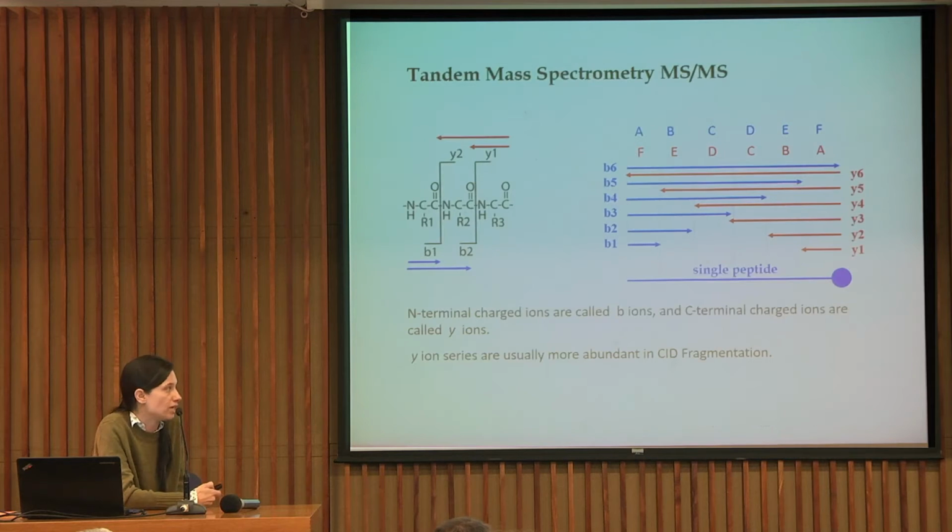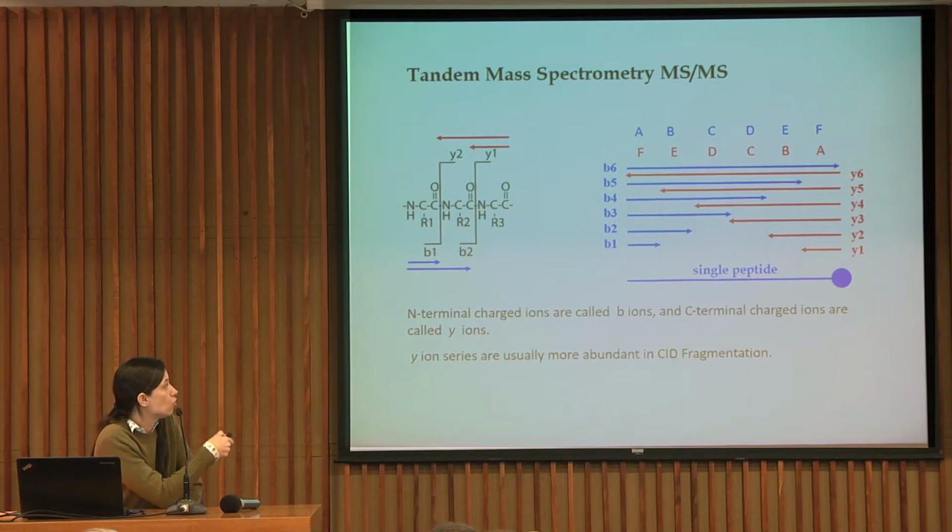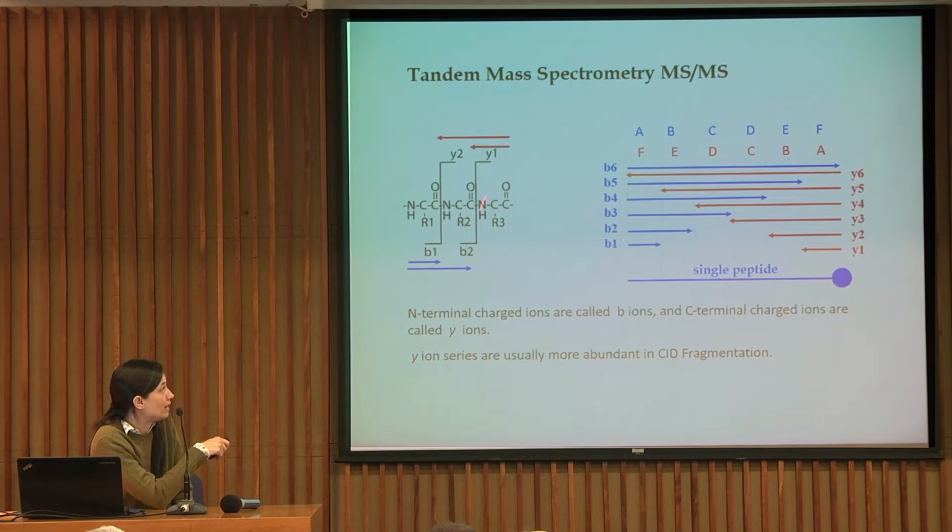If we use CID fragmentation, the peptides will usually break at the peptide bond, and depending on which end of the peptide retains the charge, we will call these ions Y ions or B ions. So for example, for this tripeptide, if the charge remains on the C terminus and it was broken here, this would be the Y1 ion.